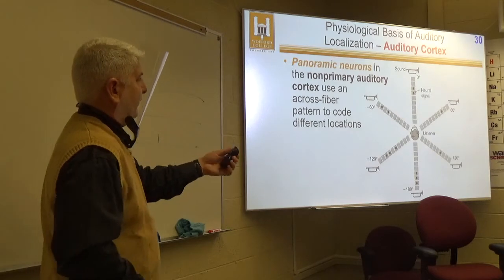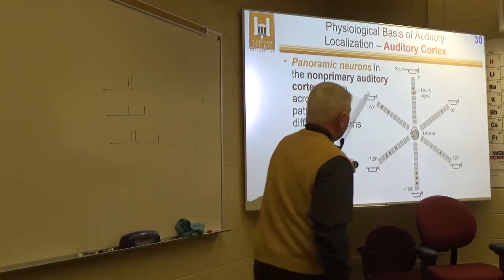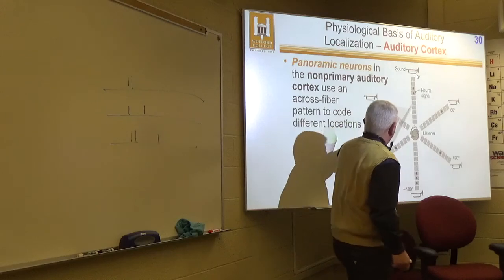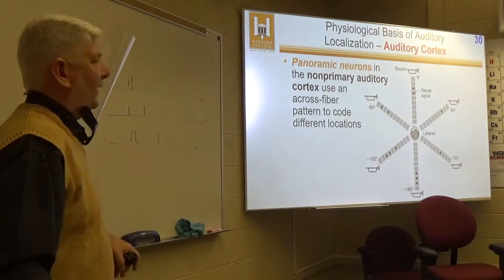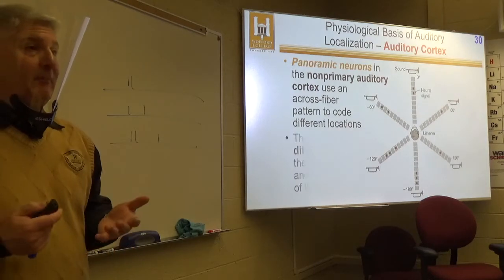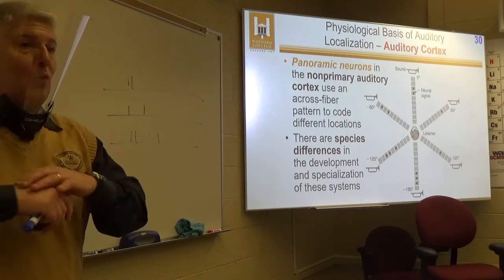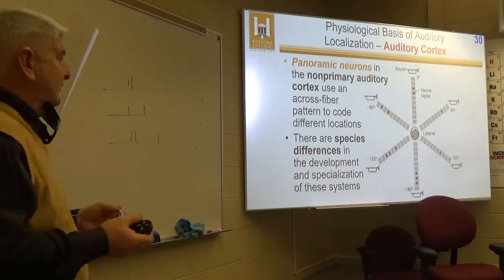So looking from 0 to -60 to -20, we would have a pattern like this, where the firing pattern of that neuron is going to represent where in space that sound is coming from.